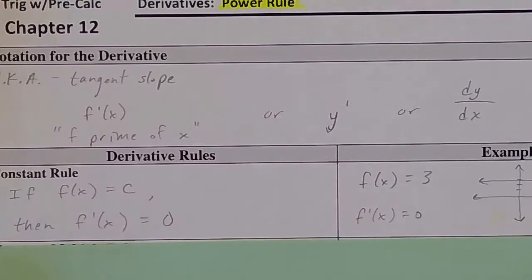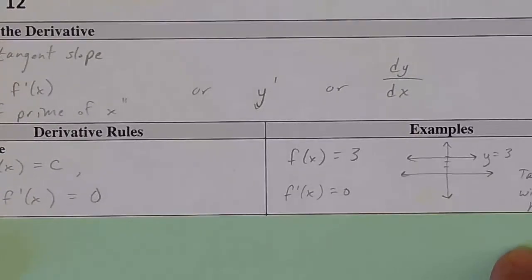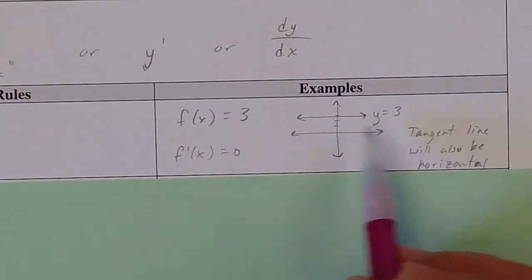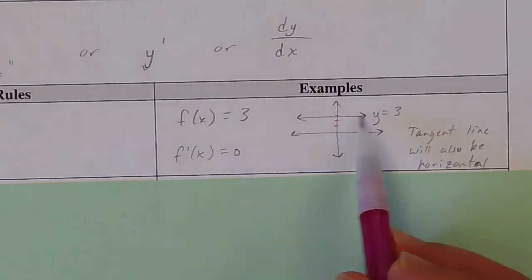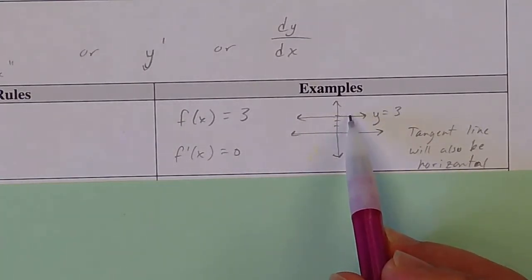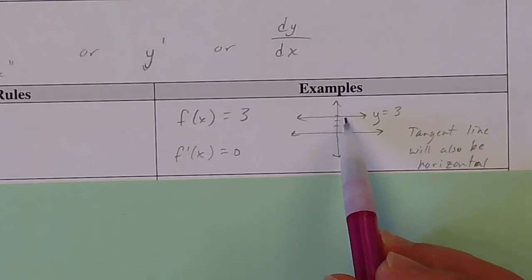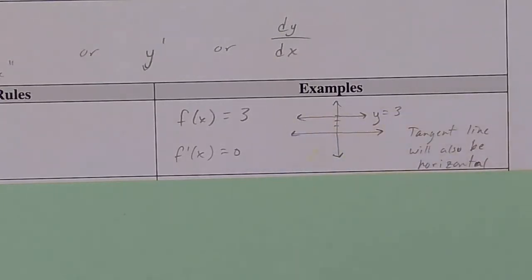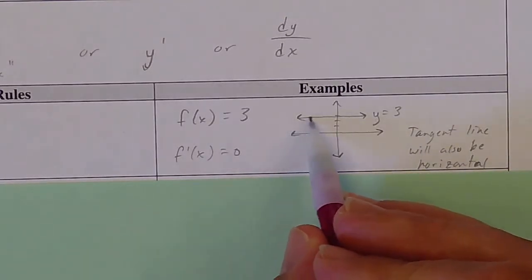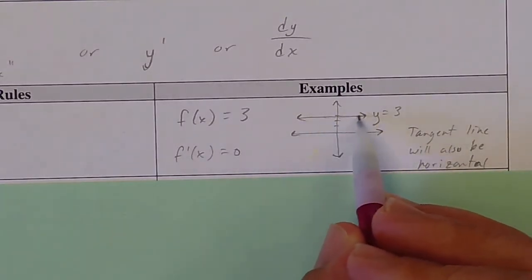Okay, so here's a rule for a constant. For example, if we have y equals 3 or f of x equals 3, we know it's a horizontal line. So what's the slope of a tangent line to a linear equation? Well, with linear equations, the tangent line is going to be the same line. So what's the slope of this horizontal line?